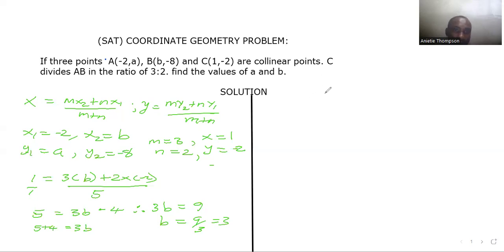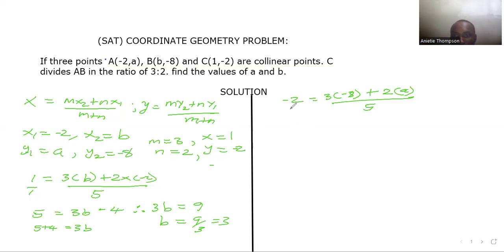And also, you can solve for y. If we solve for y, we have that y equals -2, which equals 3 times y2, y2 is -8, plus n, this is 2 times y1, which is a, and then over 5, like m plus n.